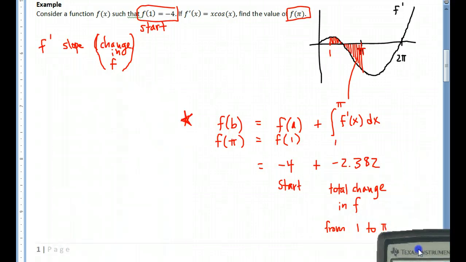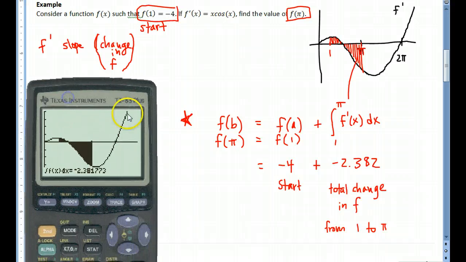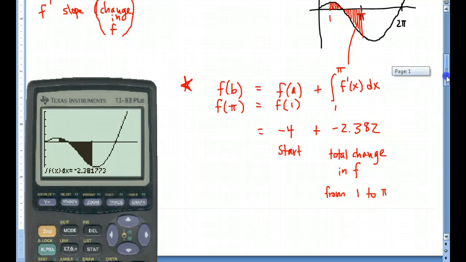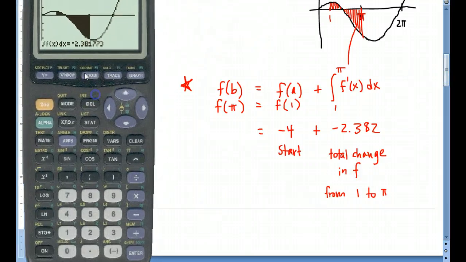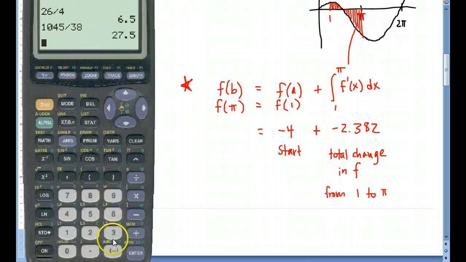So where do I end up? I add those numbers. I started at -4 here.